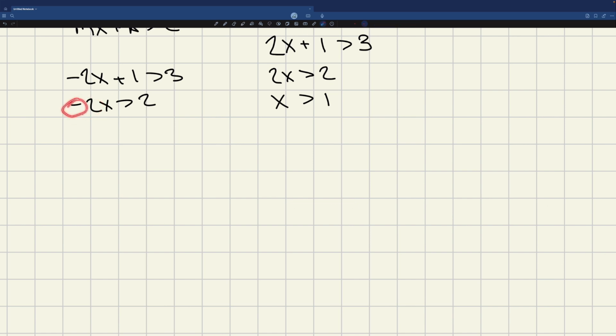And negative 2 is, of course, a negative number. And in inequalities, when you divide by a negative number, you have to reverse the sign. So what does this mean? In this case, it means that x becomes smaller than negative 1.